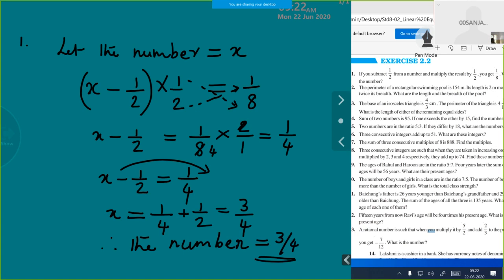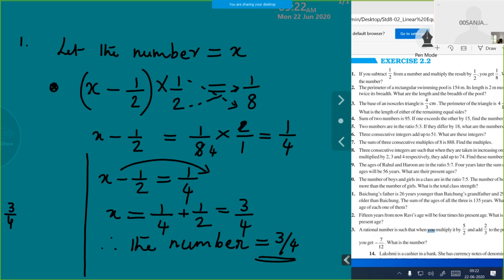Now you can verify your answer too, okay? Just for the knowledge I am telling how to do it, no need to do it in the exam or anything. Some children, those who want to check what I have done is right or wrong, you can check it. Put this 3 by 4 in this first expression here which I showed, okay?